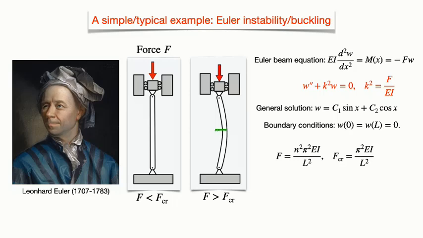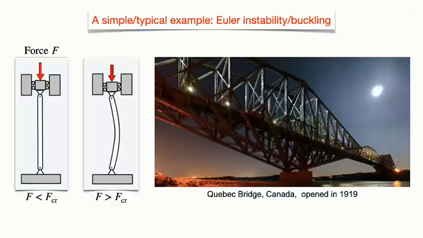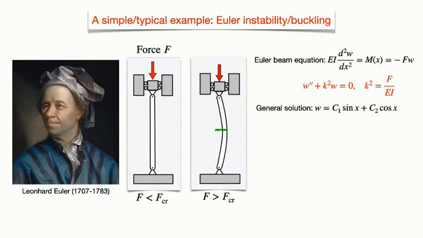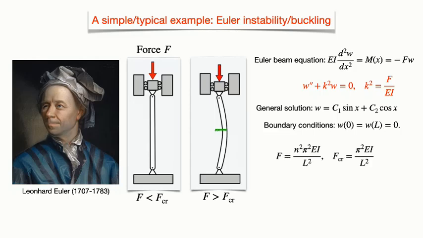So this is the very famous Euler formula, derived in 1744, almost 270 years ago.